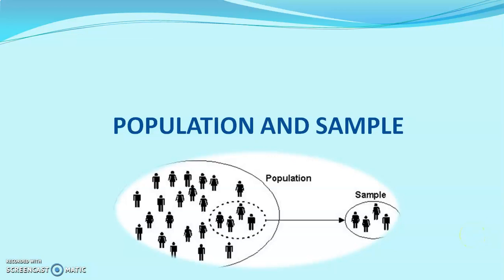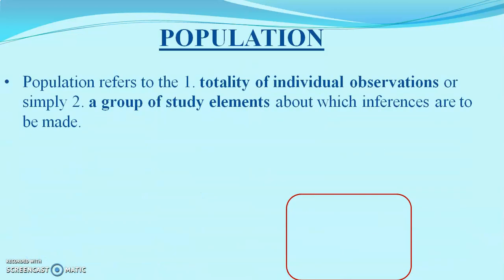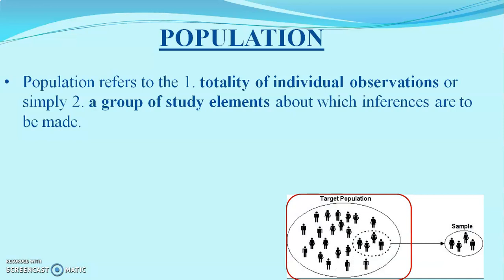From this picture itself, you might have understood what population is and what a sample is. See here, a population refers to the totality of individual observations, or we can say a group of study elements about which inferences are to be made, means the elements which are subject to study. See this picture. A large number of individuals are there, and this is called a population because it is a target population.